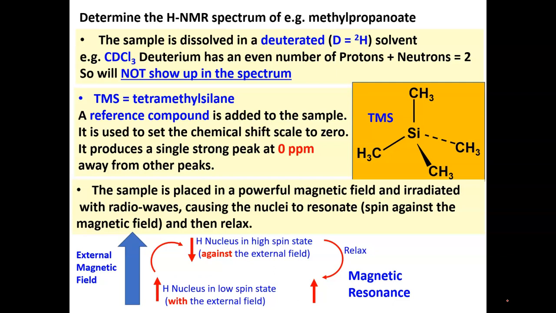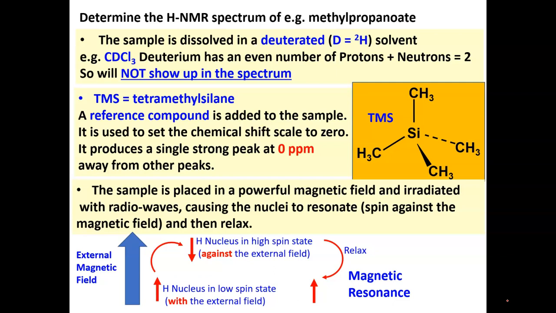We still add the TMS, the tetramethylsilane, our reference compound, which contains, as you can see, carbon-silicon bonds, which means that it moves far over to the right-hand side, and we set the chemical shift scale at 0 parts per million with this. All the other signals are further to the left, that's downfield from that.